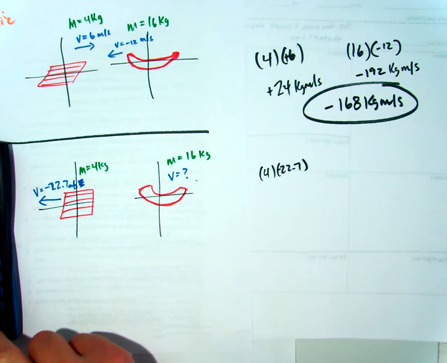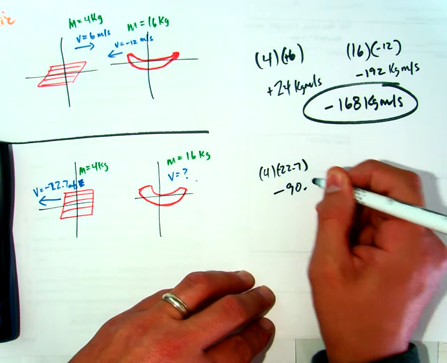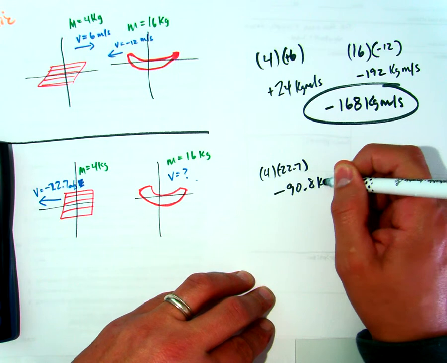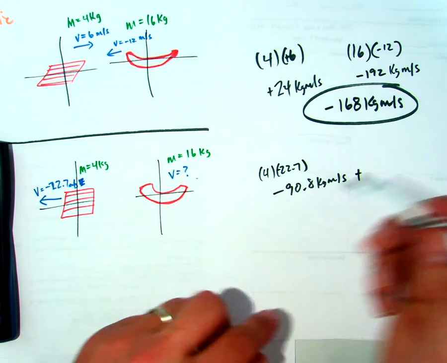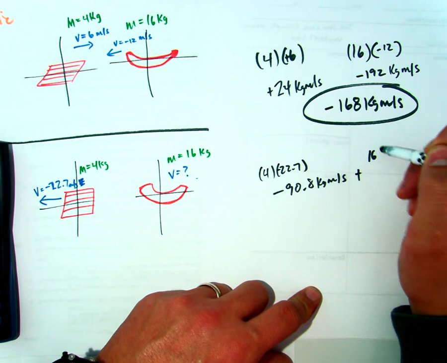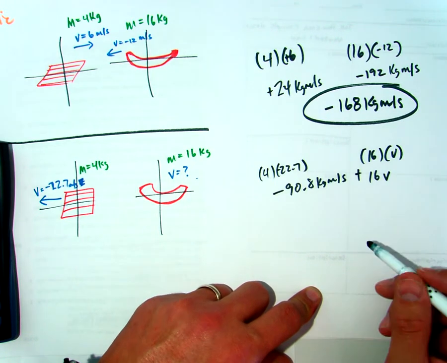So 4 times negative 22.7 gives me negative 90.8 kilogram meters per second. Now I have to add it to this, that's 16 times, we don't know some velocity, so 16v.